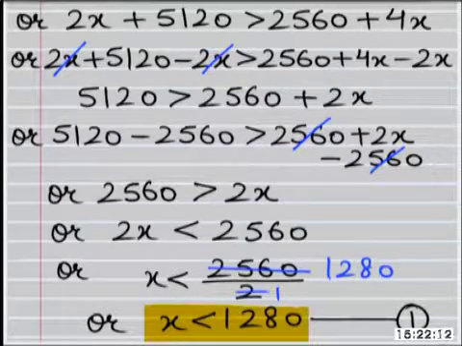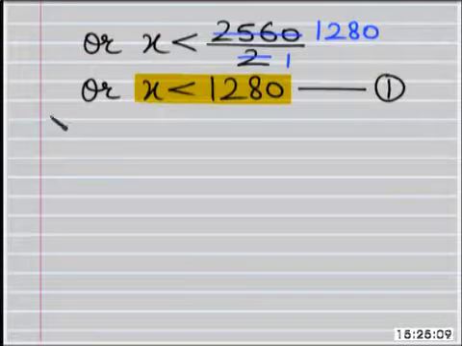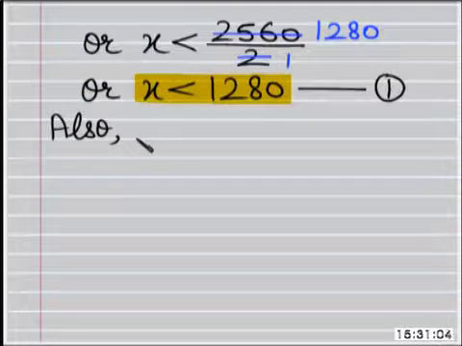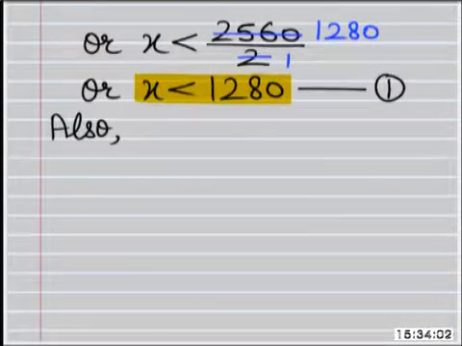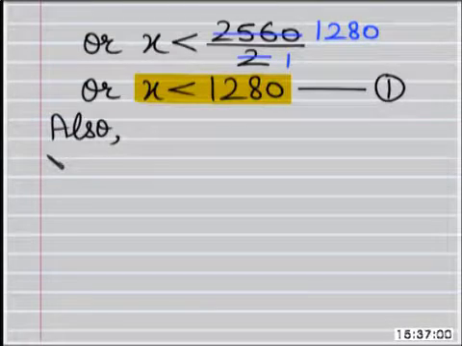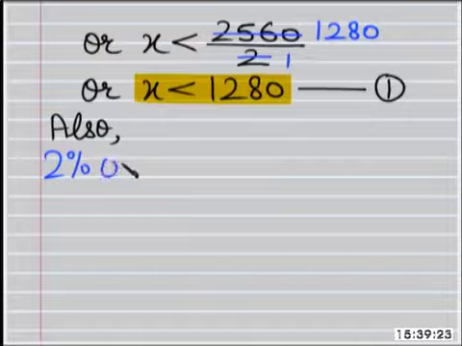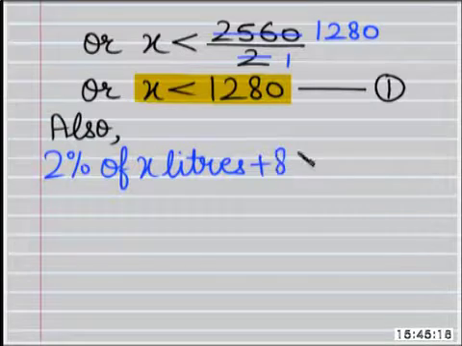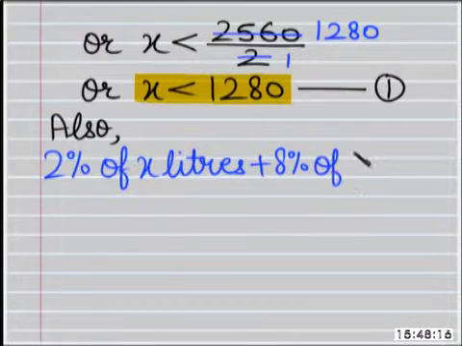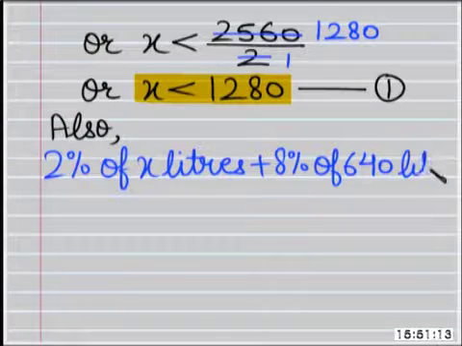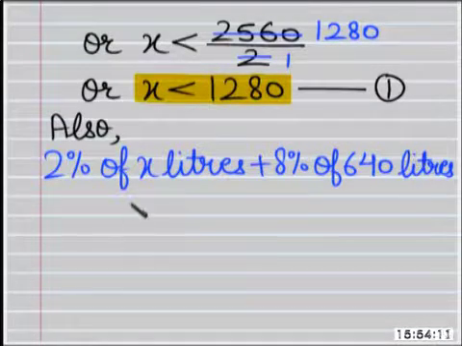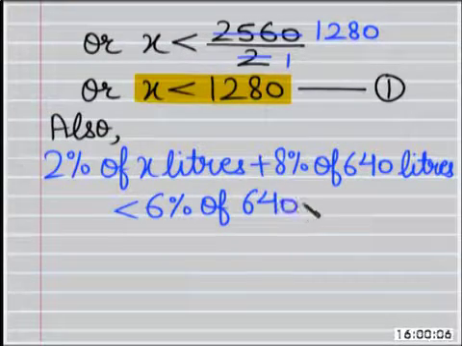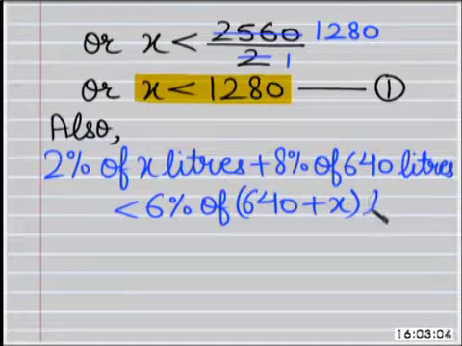Now, as we are also given that the resulting mixture is less than 6% boric acid, so 2% of x liters plus 8% of 640 liters is less than 6% of 640 plus x liters.